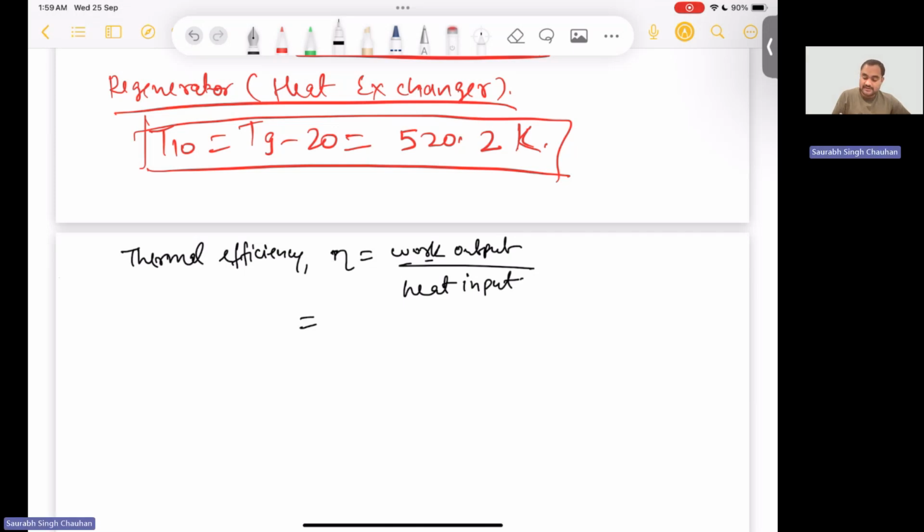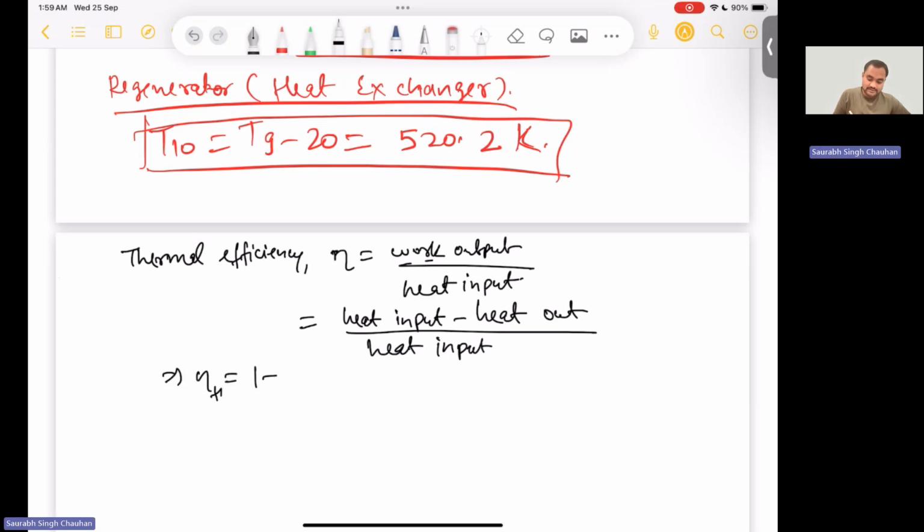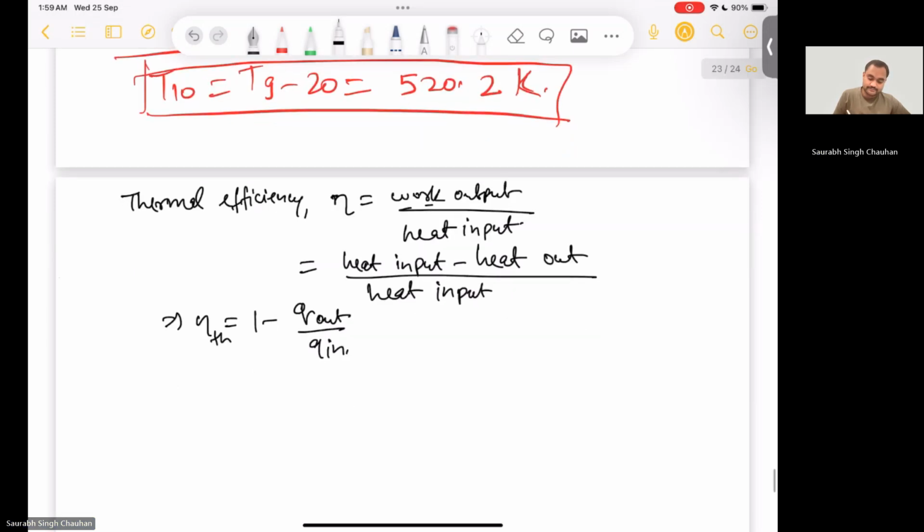Or in other words, you can write from the first law of thermodynamics, the work output will be equal to heat input minus heat out, divided by heat input, or eta, the thermal efficiency, is equal to 1 minus Q out divided by Q in.